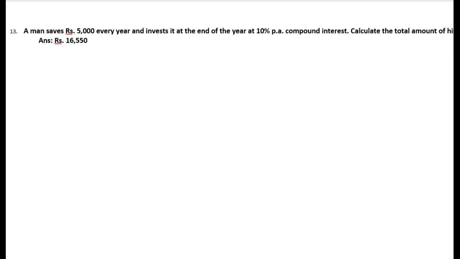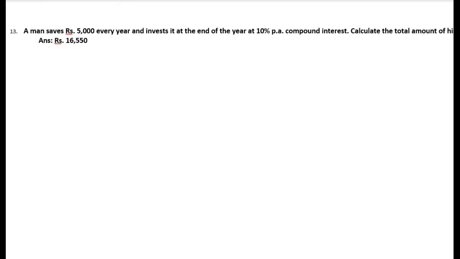So suppose I save money during the year 2019. I will invest it in 2019 December. During the whole year I don't have money. I am just saving. It will get accumulated at the end of the year. Understand this. So 1 year is already gone.